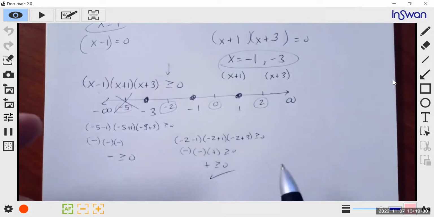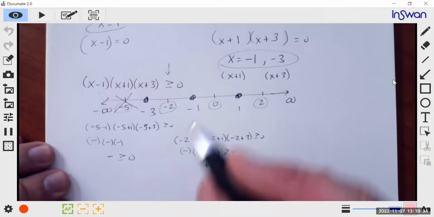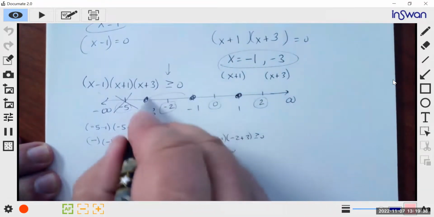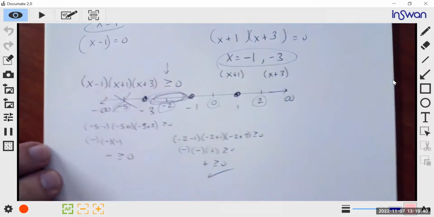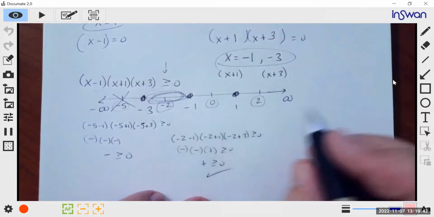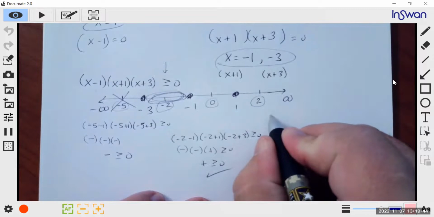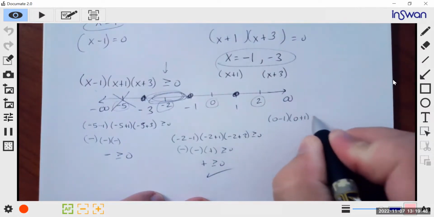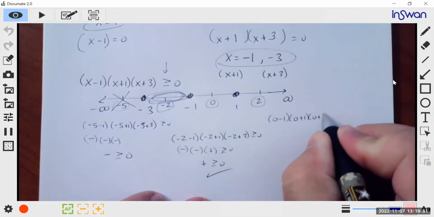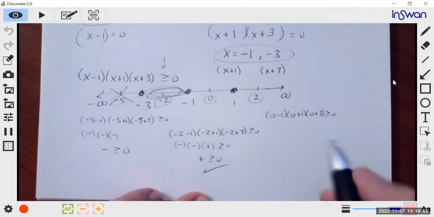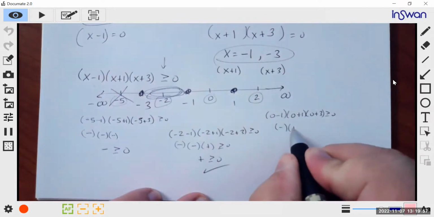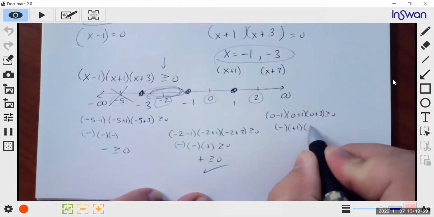If you want to, you can go and put numbers, but again, the numbers are irrelevant because what I'm interested in is positive or negative. So -2, this one inside here works. Let's try 0. 0 minus 1, 0 plus 1, 0 plus 3. Is that positive? 0 minus 1 is -1, plus 1, plus 3.